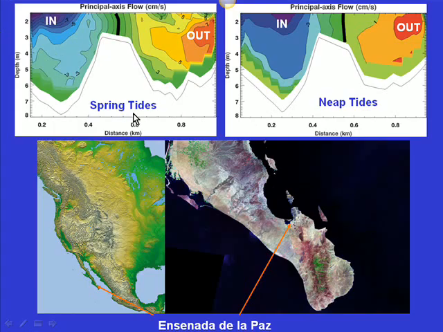And we have examples for spring tides and for neap tides. We have depth versus distance. Notice almost 1 kilometer across. This channel that looks kind of narrow here. Can you see that channel? It's almost 1 kilometer across. So it's at least twice wider than St. Augustine Inlet, for example.